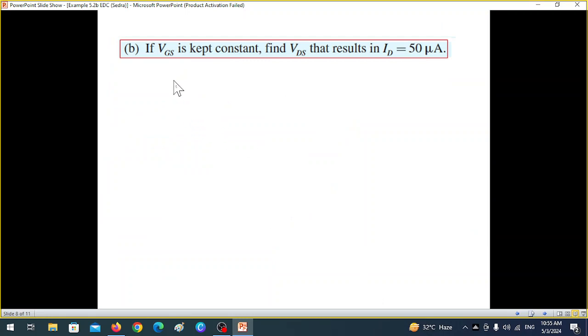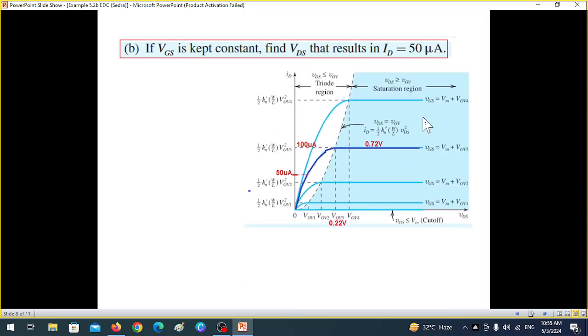Now, the next part says if VGS is kept constant, find VDS that will result in ID of 50 microampere. Let's see from the graph again. VGS is kept constant. That means this graph will remain constant.